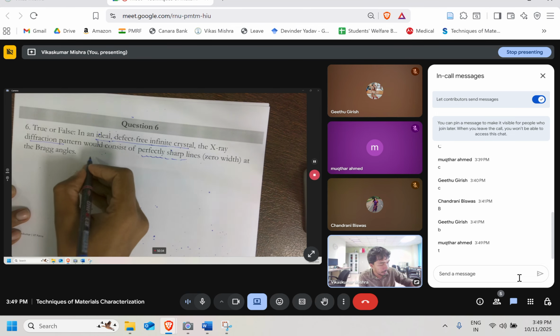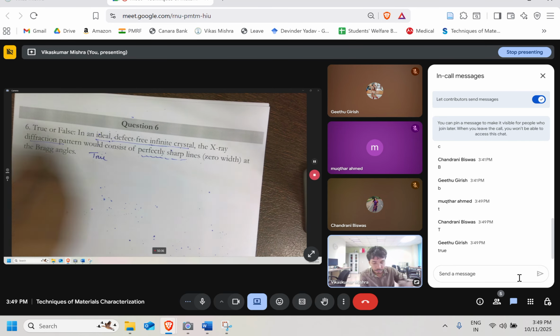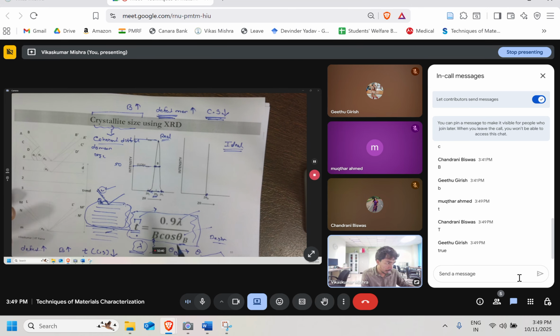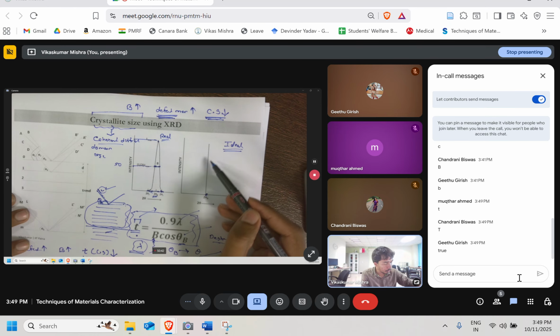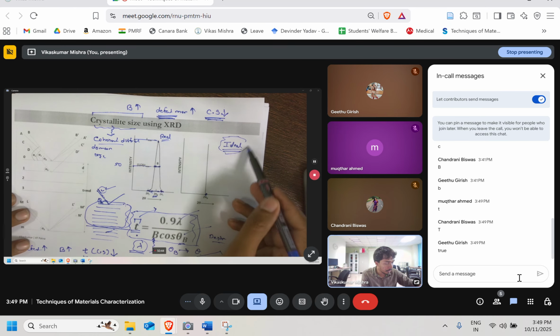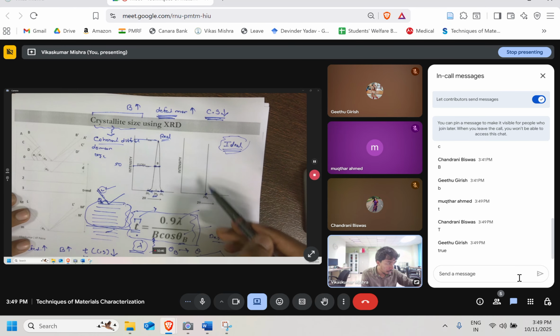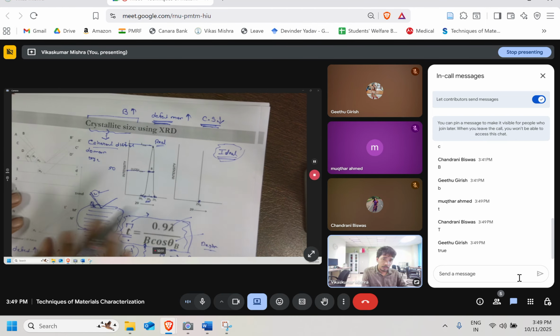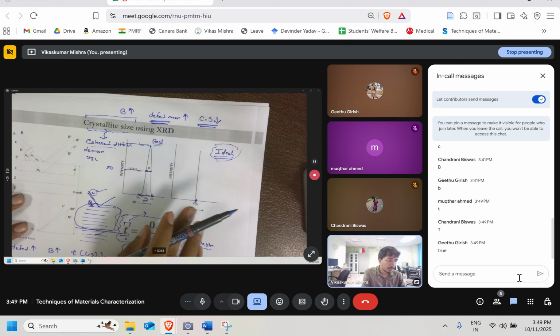The answer is true. So we have seen that in the ideal crystal, we are getting a very sharp line. And now again, this is ideal.